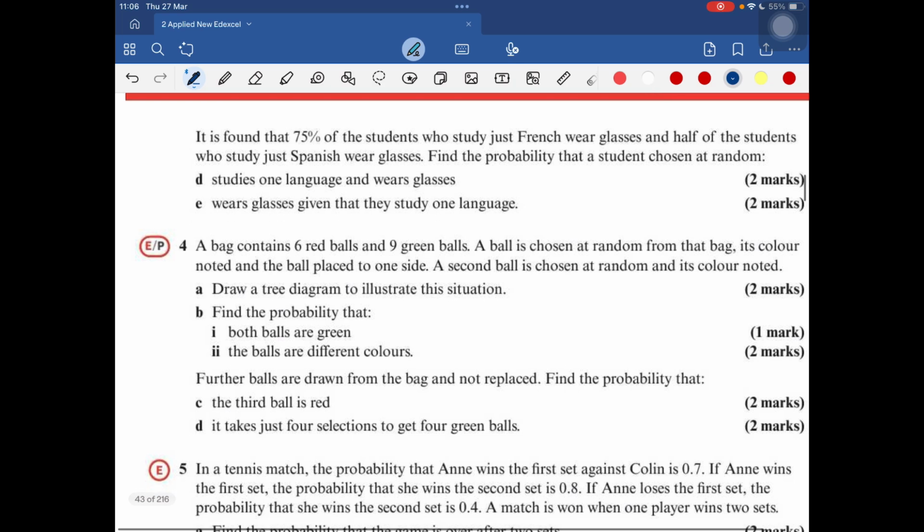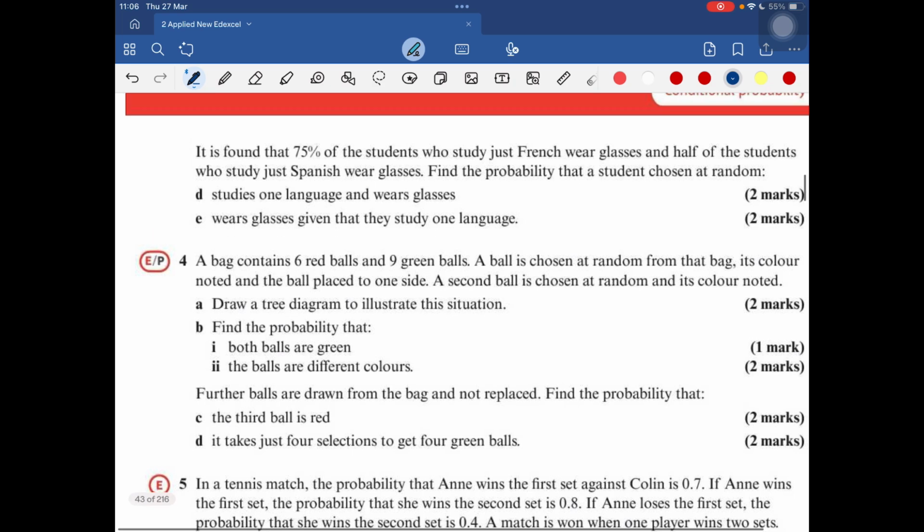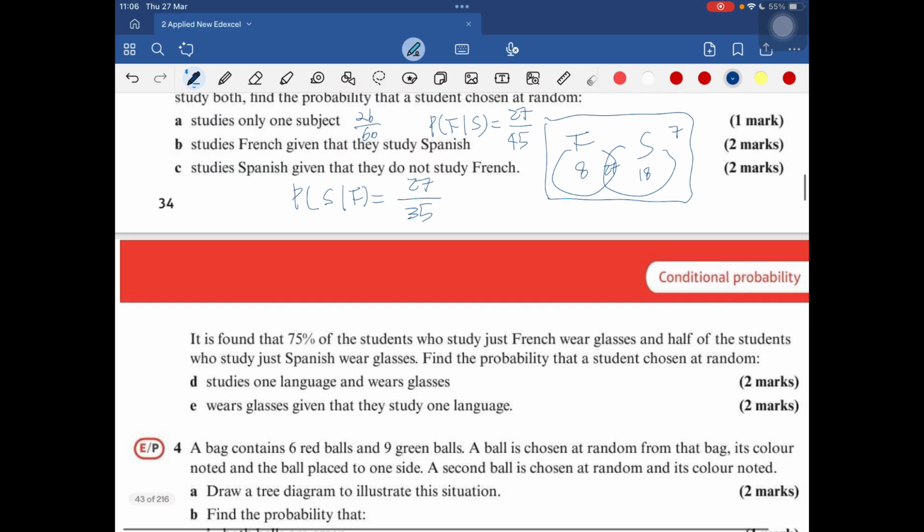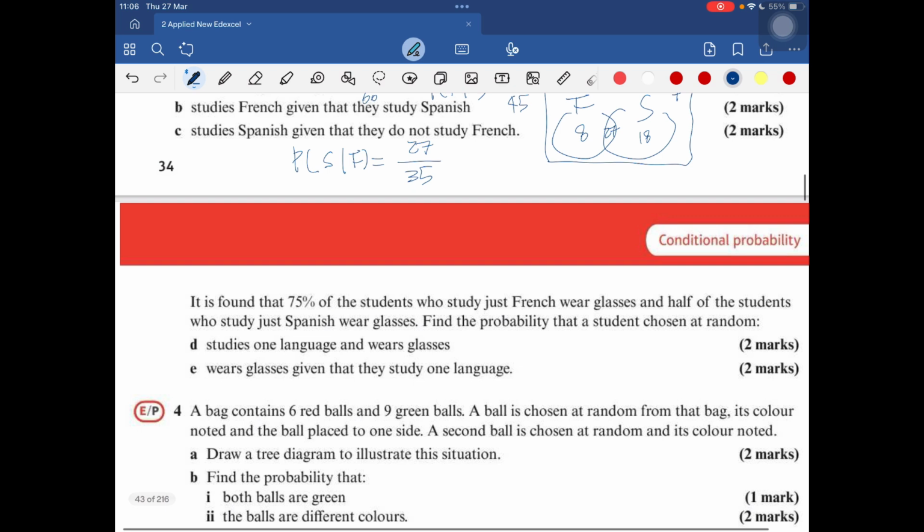It's found that 75% of students who study just French wear glasses, so just French 8, 75% of 8 is 6 students who wear glasses. And half of the students who study just Spanish, which is 18, so 9, wear glasses.